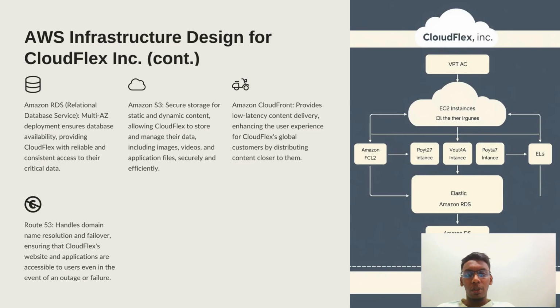This secures storage for static and dynamic content, allowing CloudFlex to store and manage their data. Thirdly is Amazon CloudFront. This provides low latency content delivery, enhancing the user experience for CloudFlex's global customers. And finally is Route 53. It handles domain name resolution and failover, ensuring CloudFlex's websites and applications are accessible to users even in the event of an outage or failure.